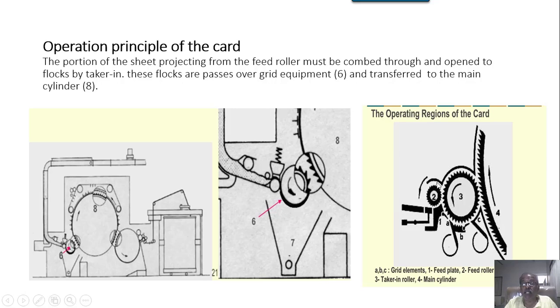That is our main intention here. So this is the basic fundamental difference between the Rieter system and the Trützschler system. The other things like the feed chute will have the same kind of arrangement in the case of the Trützschler system also.